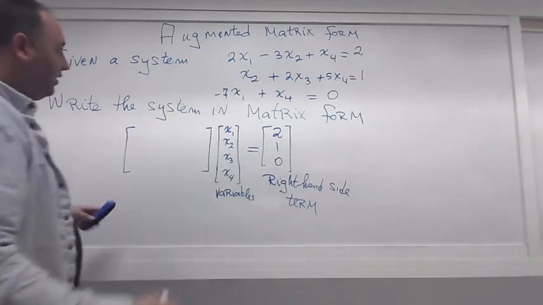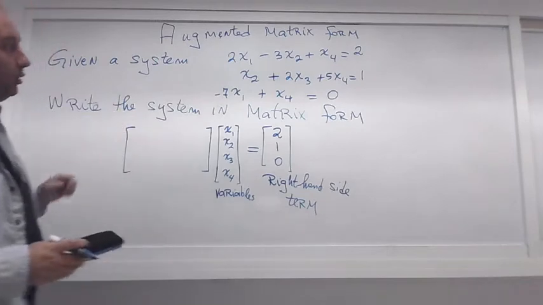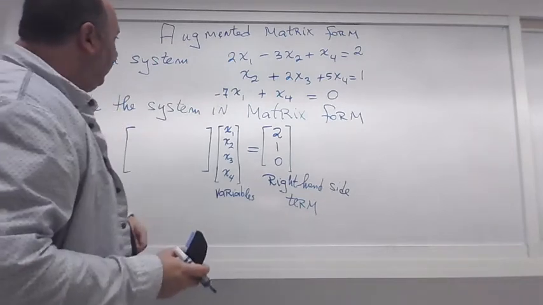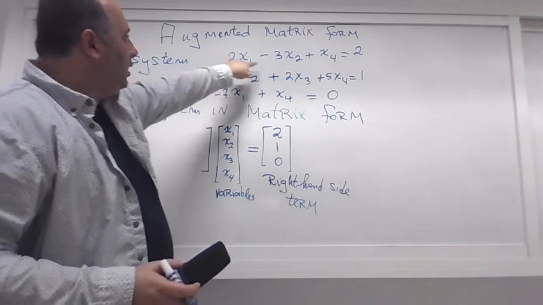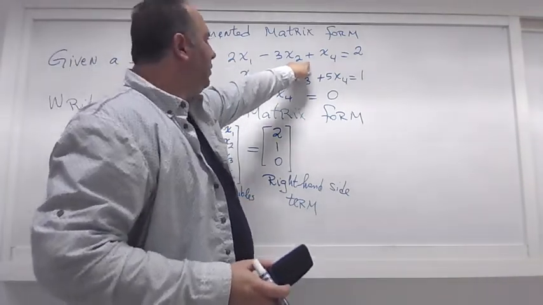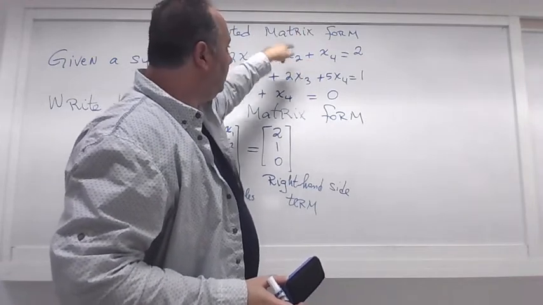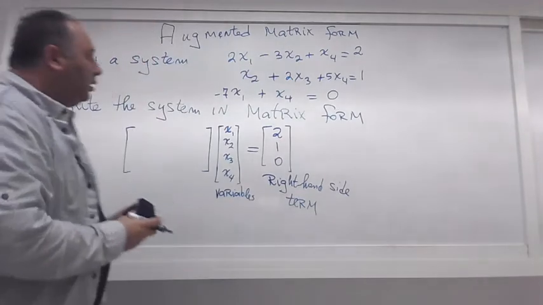Okay, so right hand side. And now, how do I fill the matrix? Well, implicitly I'll show you even how to multiply a matrix by a vector. So you see in front of x1 I have 2. In front of x2 I have minus 3. In front of x3, it's 0, because x3 is not even there, it's 0 times x3. And in front of x4 is 1.